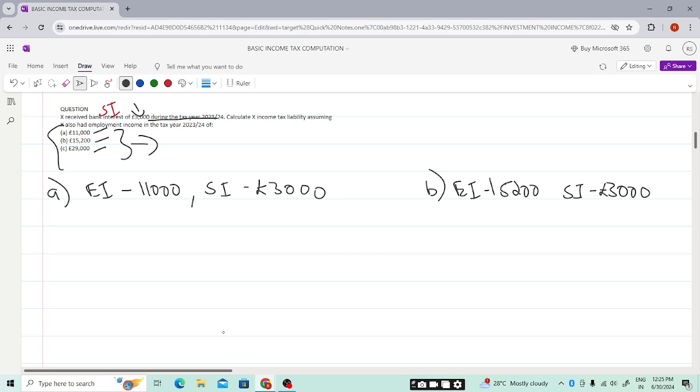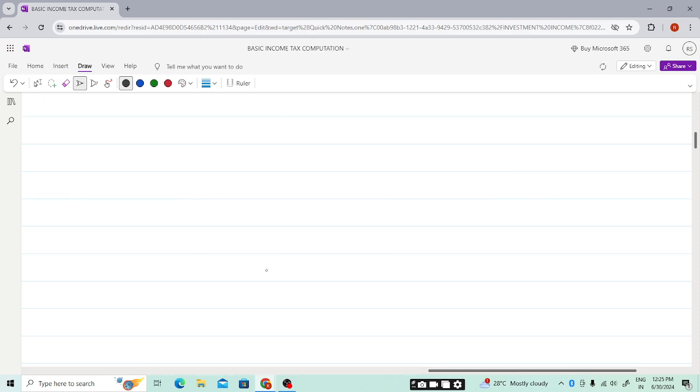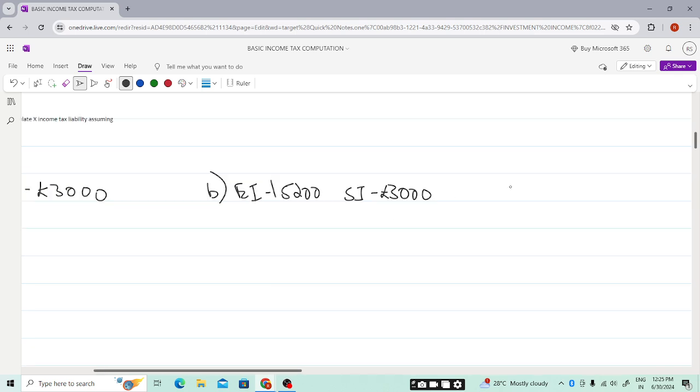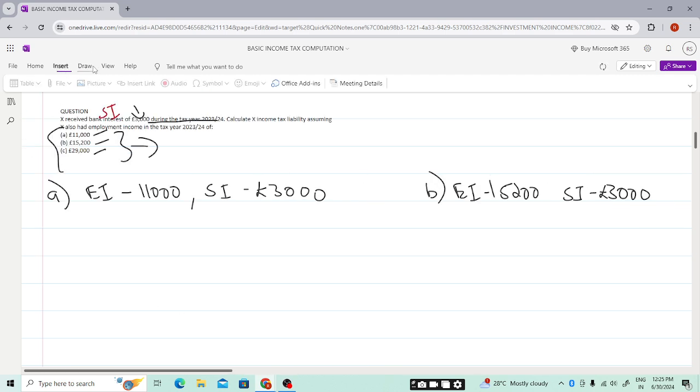And further, employment income will be 29,000 pounds and our saving income will be 3,000. That is interest income. Employment income is non-saving. So let's start with this calculation.